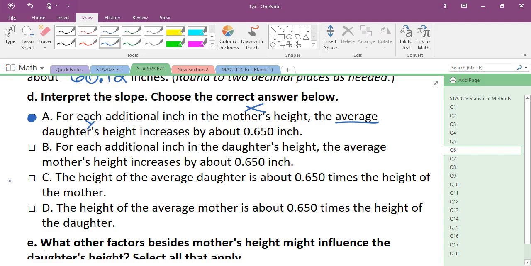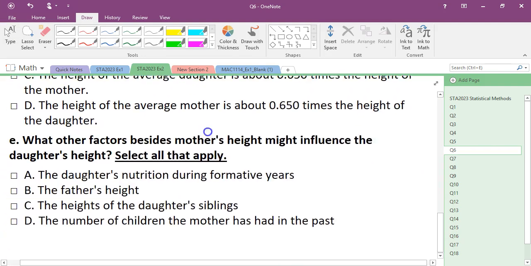This one, it's close to being right, but the problem is that it's actually talking about how you get the average value. And we want to know just about the slope. Okay? So while this uses the slope, it doesn't tell us about the slope. And then the last one says the height of the average mother, and that doesn't make any sense because we don't want to know about the average X. We want to know about the average Y.